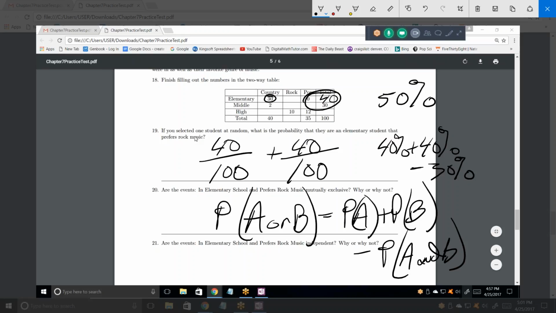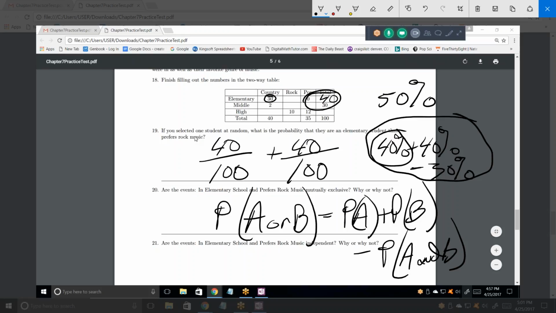The probability of A or B is the probability of A plus the probability of B minus the probability of A and B. So this was correct. 50%, because the probability of country is 40%.